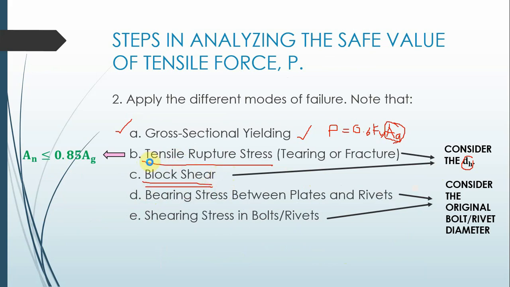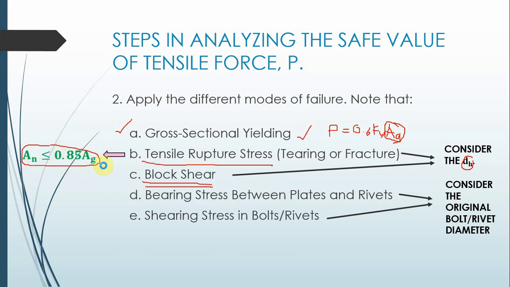Now, we need to know that for our tensile rupture stress, you always compare A sub N or 0.85 A sub G. Your net area must be less than or equal to 0.85 of your gross sectional area. Now, what if your A sub N is greater than 0.85 A sub G?